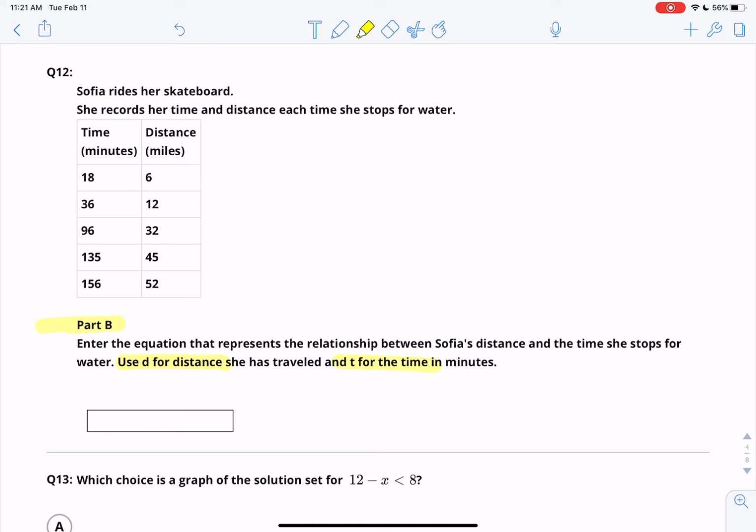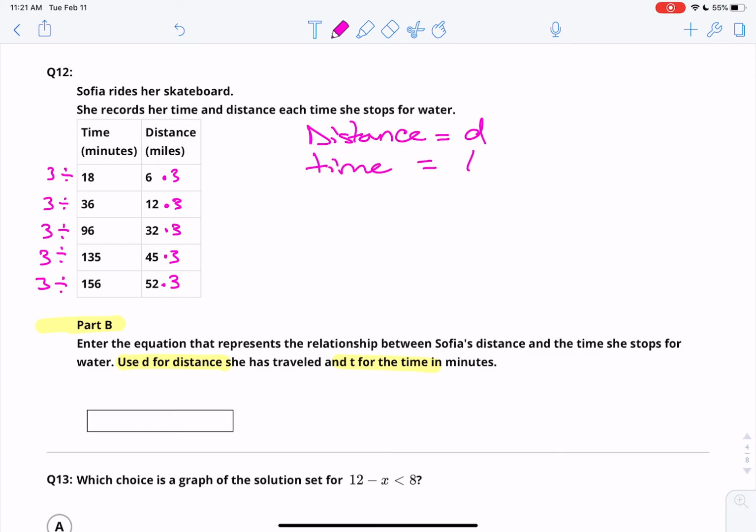So that means there's going to be an equal sign involved. We already know that on this side it's divided by 3 each time, right? And we know on this side that it's multiplied by 3. So we need to write some sort of equation. And then distance, they told us they want distance to equal D and time to equal T.